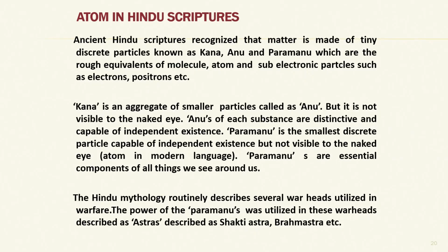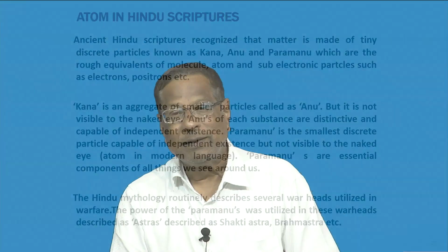So, what is Paramanu? Paramanu is the smallest discrete particle capable of independent existence, but it is the part which is common to all. It is not visible to the naked eye. Paramanus are essential components of all things we see around us. You can say that like protons, electrons, they are part and parcel of every element as we understand them today.